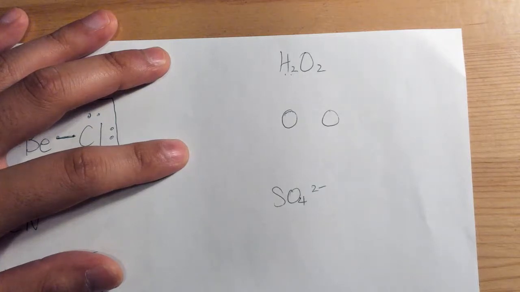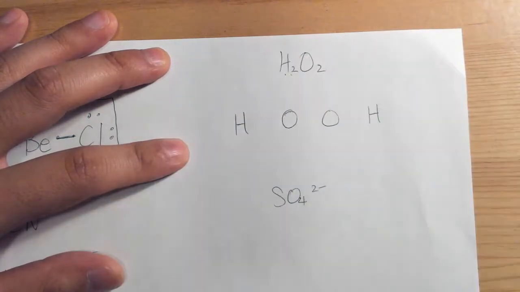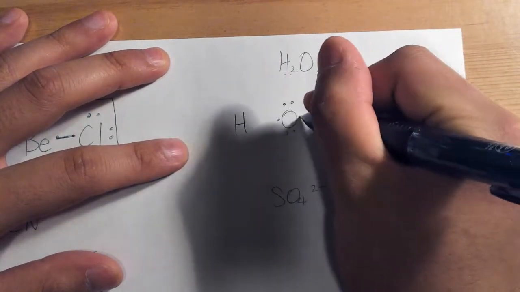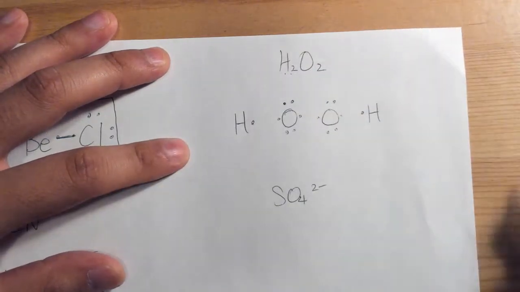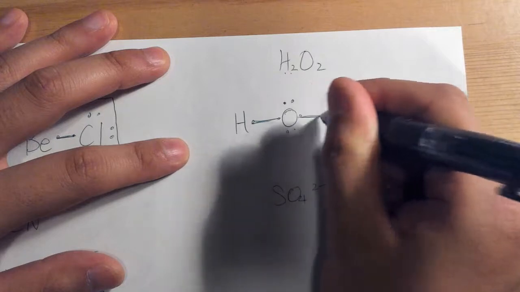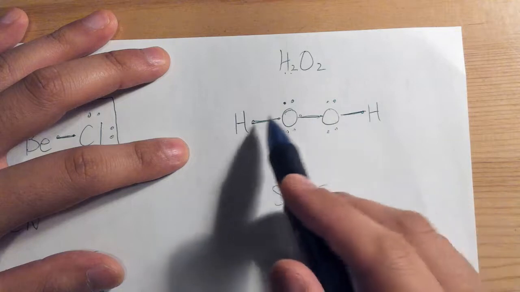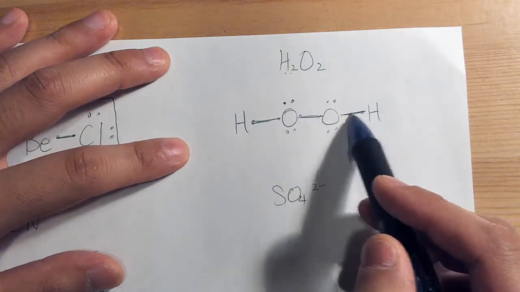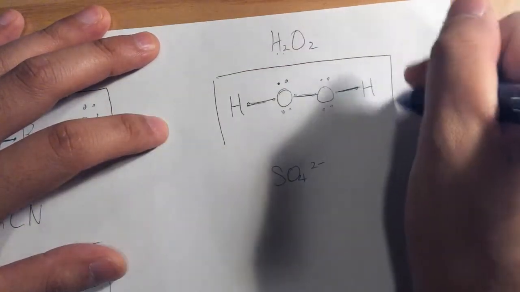Next, I'm going to put hydrogen on each side. Oxygen has 6 valence electrons, hydrogen has 1. Connect those lone electrons. Now let's check if it's right. 1, 2, 3, 4, 5, 6, 7, 8. 1, 2, 3, 4, 5, 6, 7, 8. And there's 2, and there's 2. So the answer for this would be this itself.